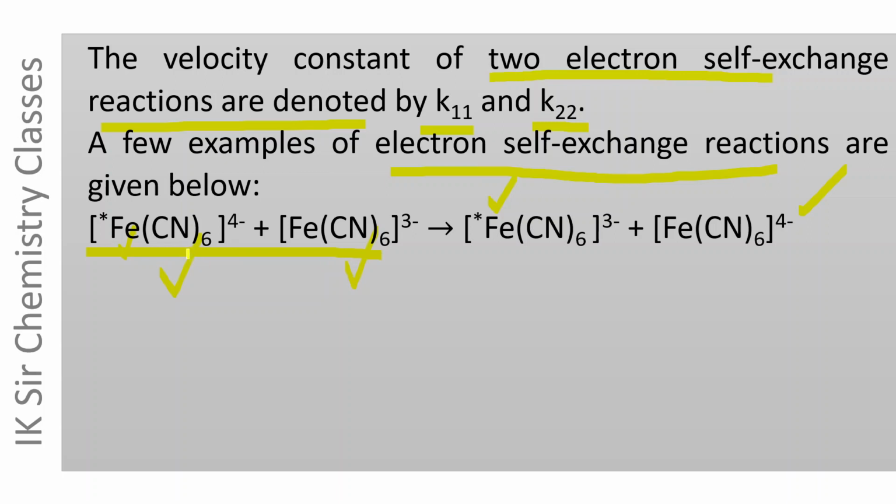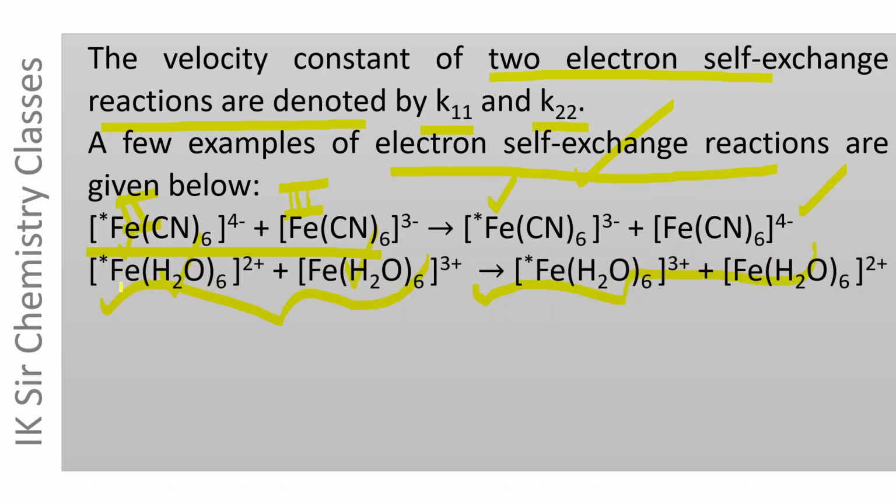They have same ligands and the same metal, but the oxidation state of metal is different. Here the oxidation state of iron is +3 and the oxidation state of iron is +2 here. In electron self-exchange reactions, the reactants and the products are identical except the labeling of iron atom.